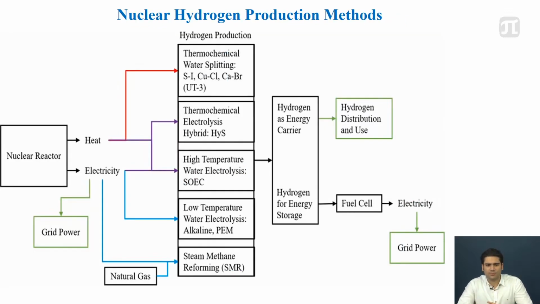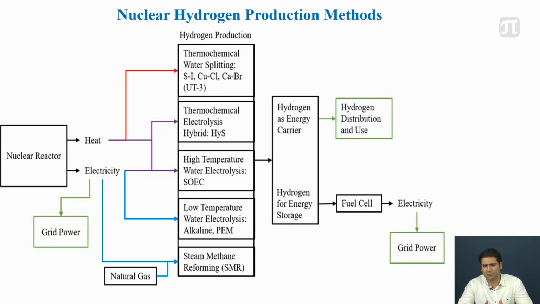Nuclear hydrogen production methods: here you can see we have heat and electricity from nuclear reactors. So the produced electricity can be used in low temperature electrolysis, and also in addition to the high temperature electrolysis. I told you in low temperature electrolysis the temperature of water is less than 100, but by increasing the temperature of water, the required electricity for electrolysis decreases.